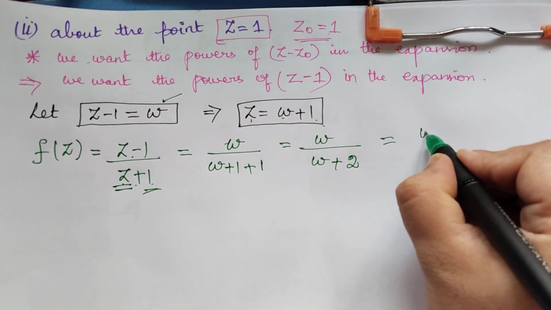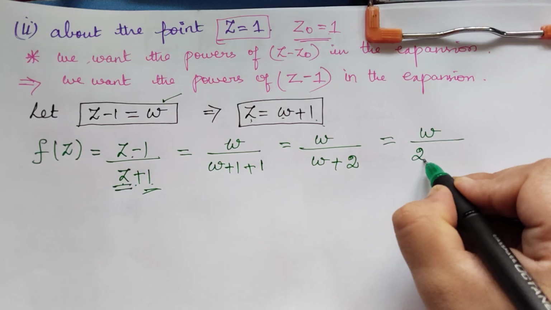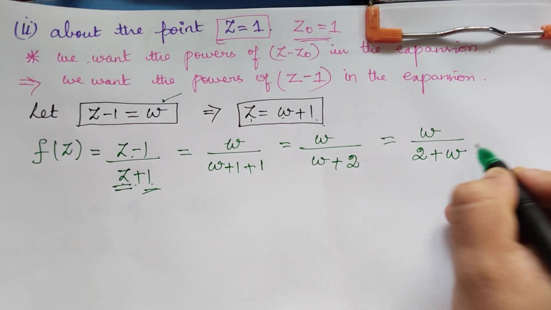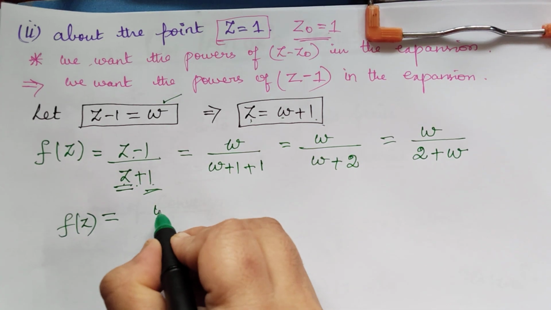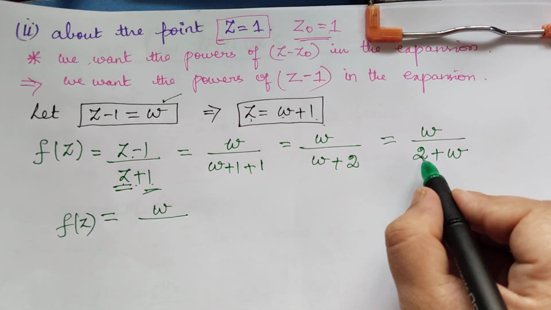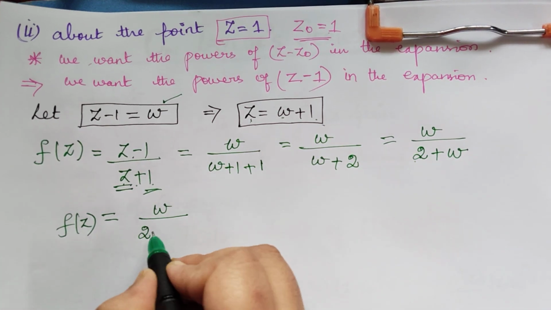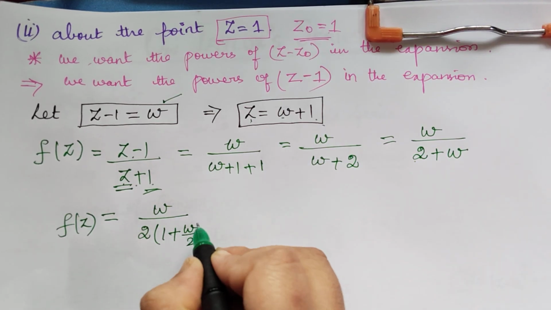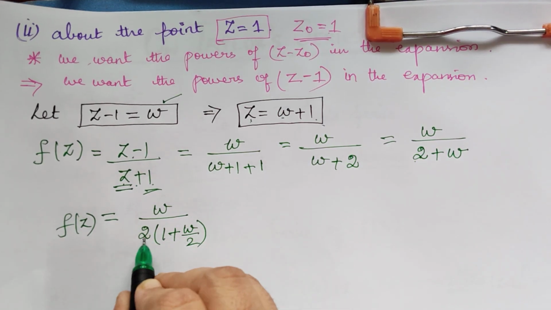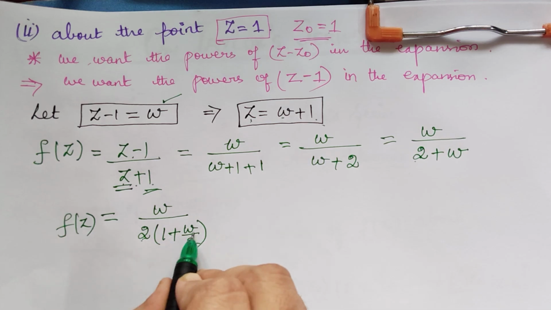So now we can rewrite it as w divided by 2 plus w. And so your f of z will become w divided by, now this 2 can be taken in common, and you will have 1 plus w by 2 within the bracket, because it is 2 and this 2 and 2 when multiplied will give us w.